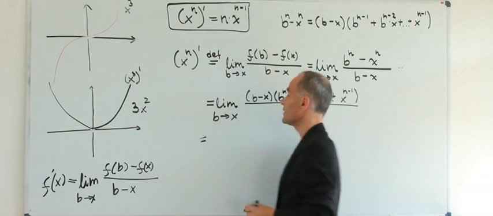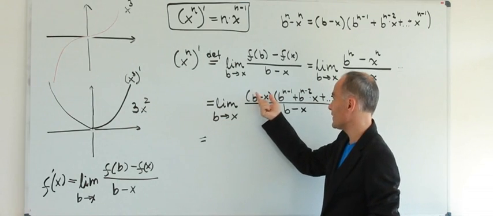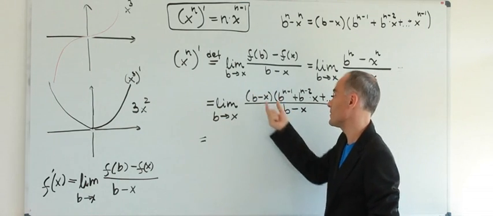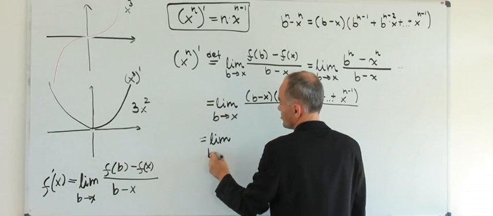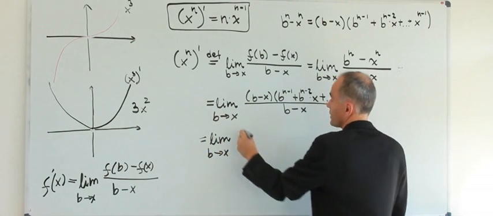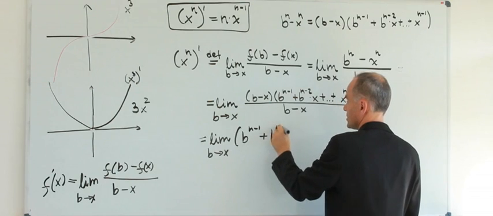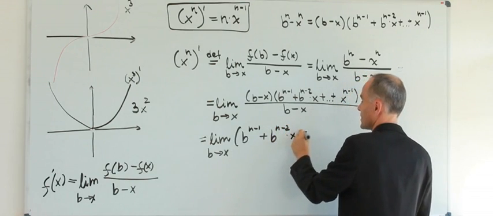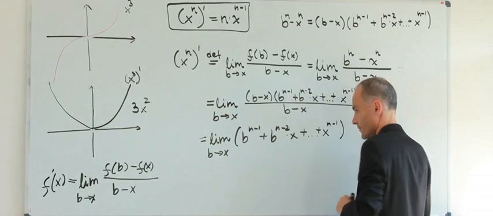Since in the limit as b approaches x, b is never x, I can divide the numerator and denominator by b minus x. Then I get the limit as b approaches x of b to the n minus 1 plus b to the n minus 2 times x plus ... plus x to the n minus 1.